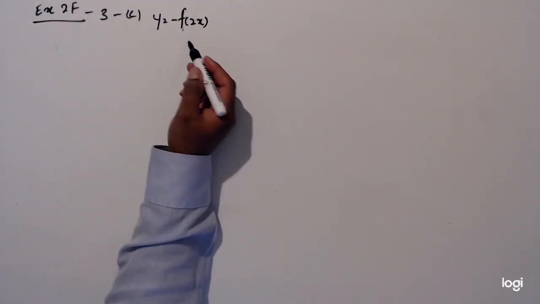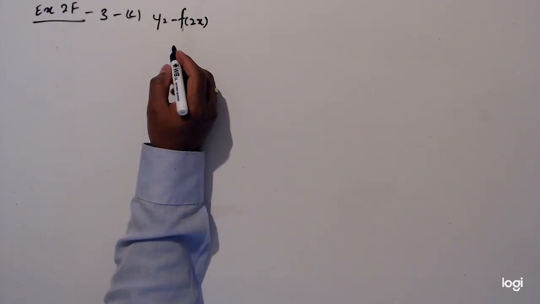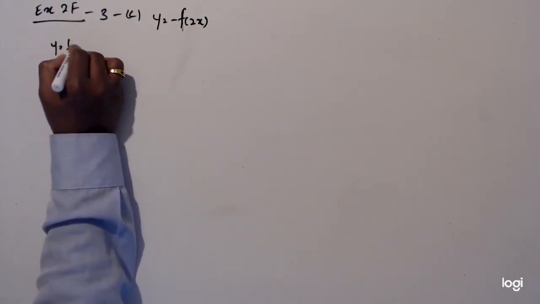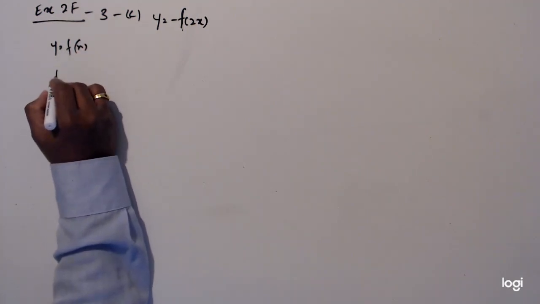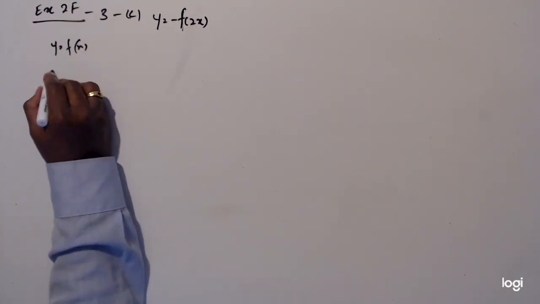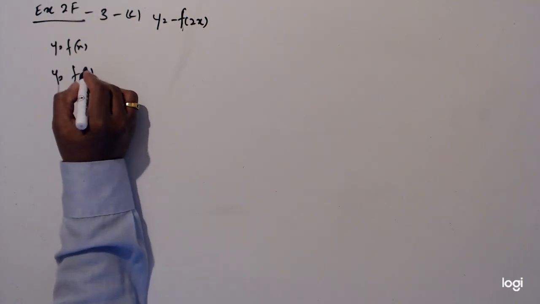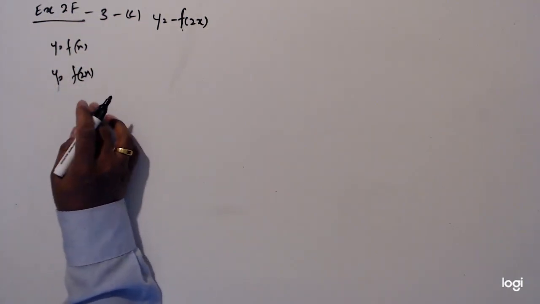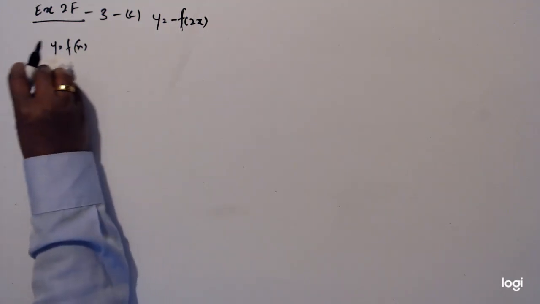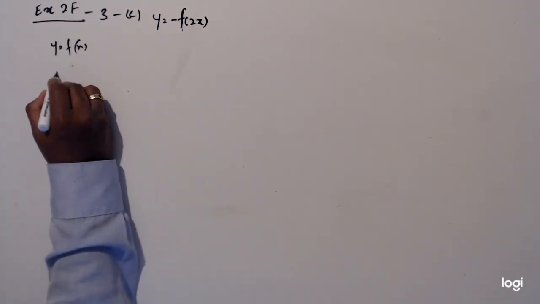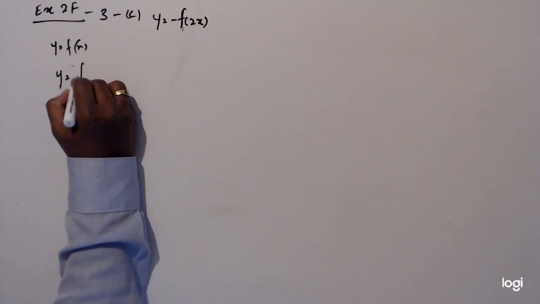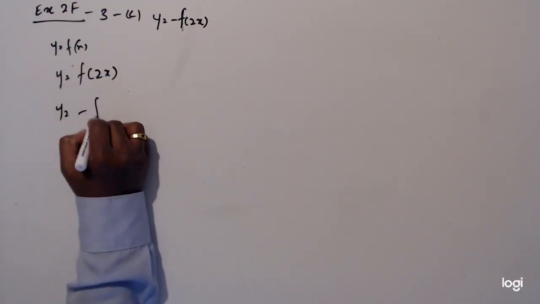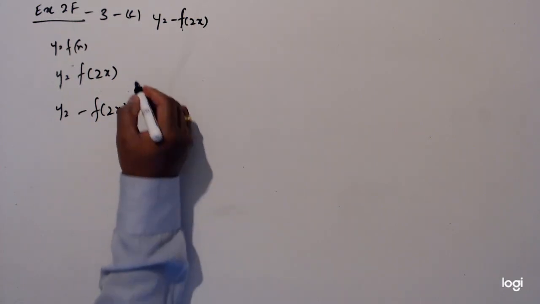Part C, y equals minus f(2x). y equals f(x), then y equals f(2x) transformation, then y equals minus f(2x).